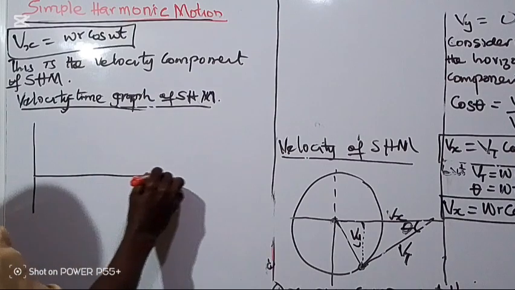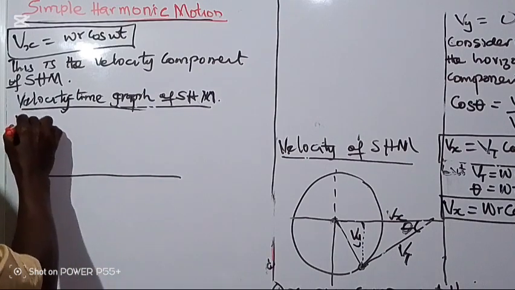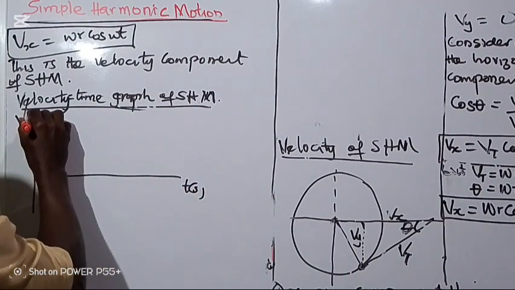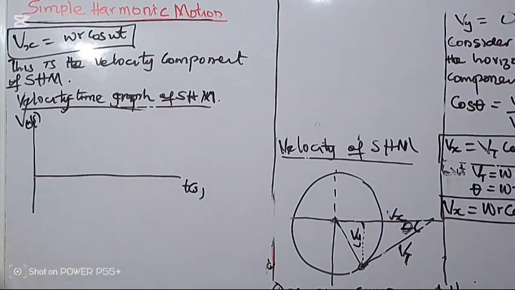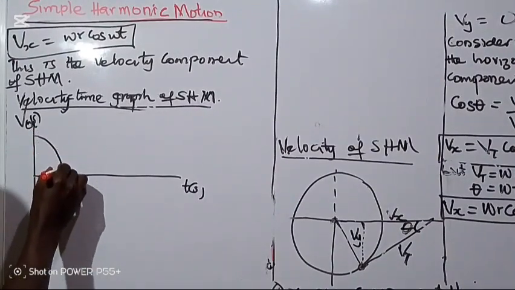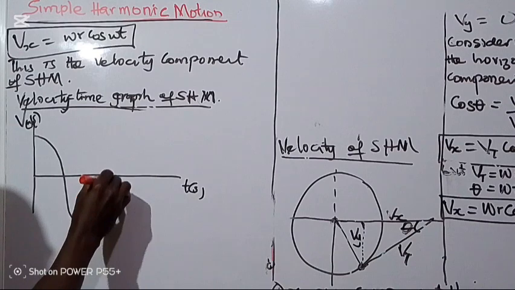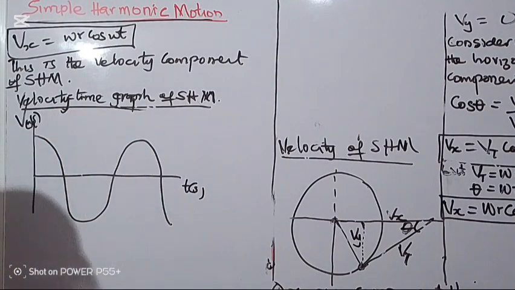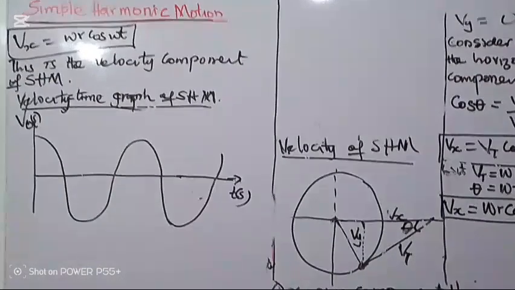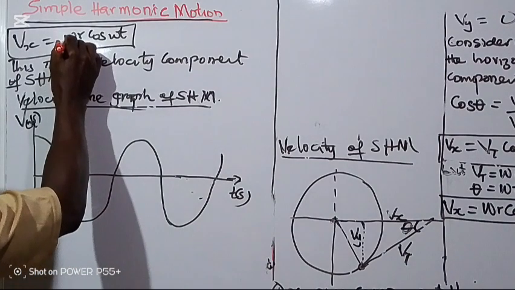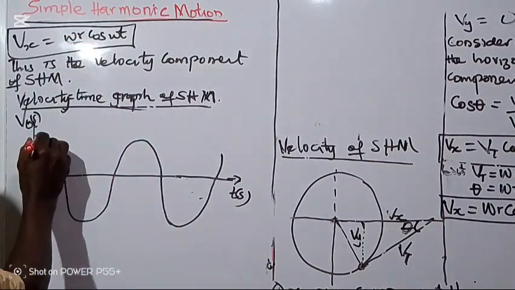This is time in seconds, velocity in meters per second, and the curve will look like this. This is our time, this is velocity. Since this will represent our amplitude, this place will be omega r.